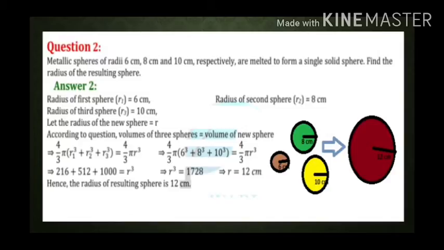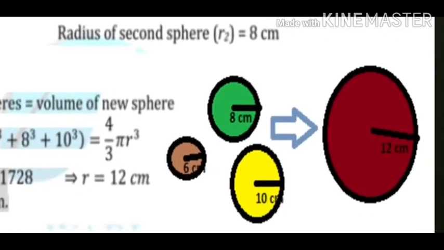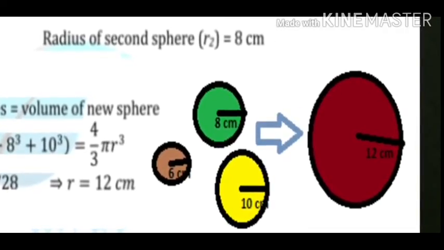Now we will discuss question number 2. Metallic spheres of radius 6 centimeter, 8 centimeter and 10 centimeter respectively are melted to form a single solid sphere. Find the radius of the resulting sphere. As you see in the figure, three spheres are melted and cast into a new resulting sphere. The brown one is of radius 6 centimeter, consider this as R1.